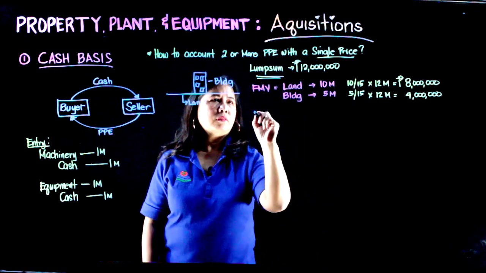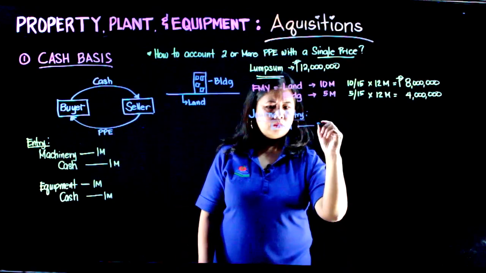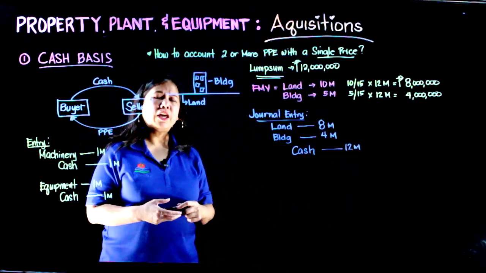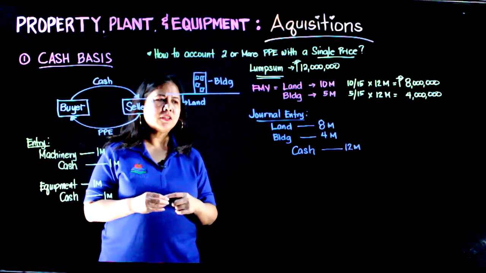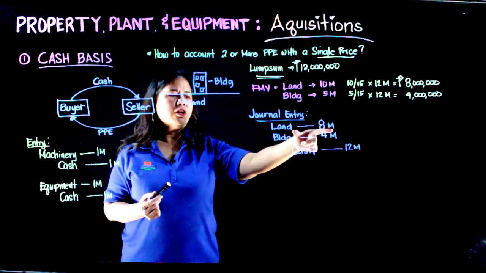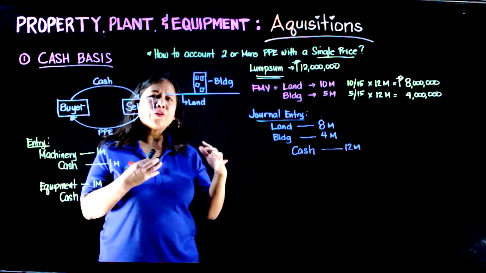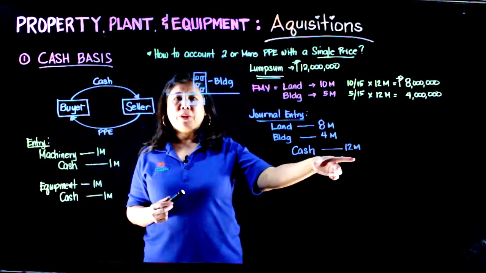So, yan ang magiging journal entry natin. We debit the land of 8 million and debit to the building of 4 million. Then we credit the cash of 12 million.